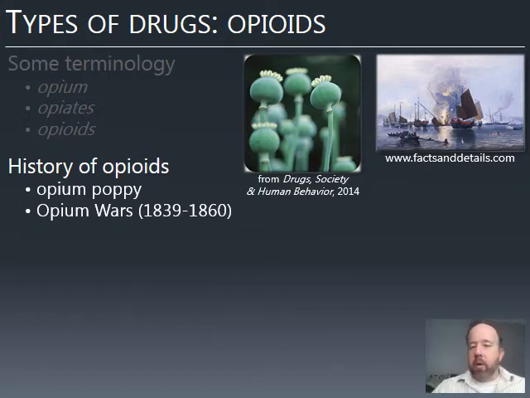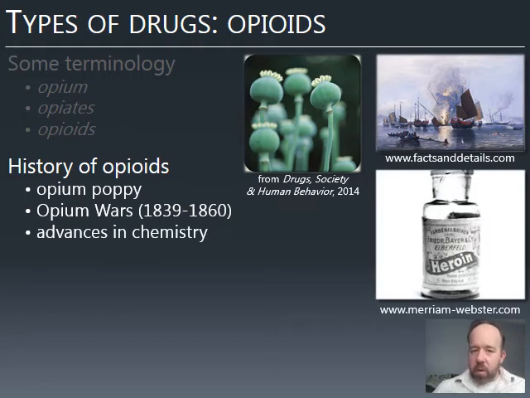But China had banned opium imports. Britain actually fought a war with China in order to gain access to the Chinese market so they could sell opium and get Chinese goods in return. Unfortunately, France and the U.S. had a small part in this war as well. But it just goes to show that drugs are not just agents for recreational use and in medicine, they're also economic agents as well.